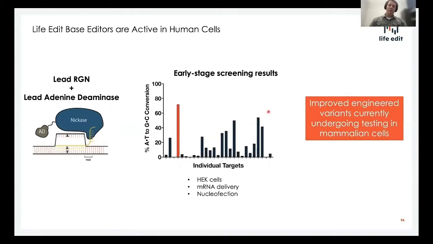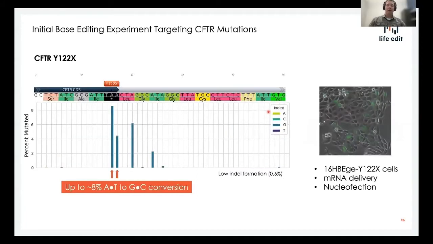And I think it's important to emphasize that this is with our first generation A-base editor constructs. Through subsequent rounds of protein engineering, we've been able to identify adenine deaminase domains with improved activity that we're now testing in mammalian cells. As we continue to improve our A-base editors, we're also keeping an eye towards cystic fibrosis and testing those A-base editors in the context of CFTR mutations.